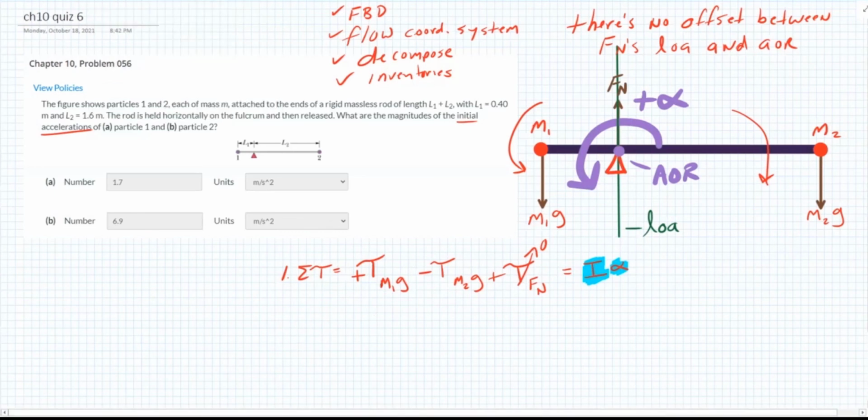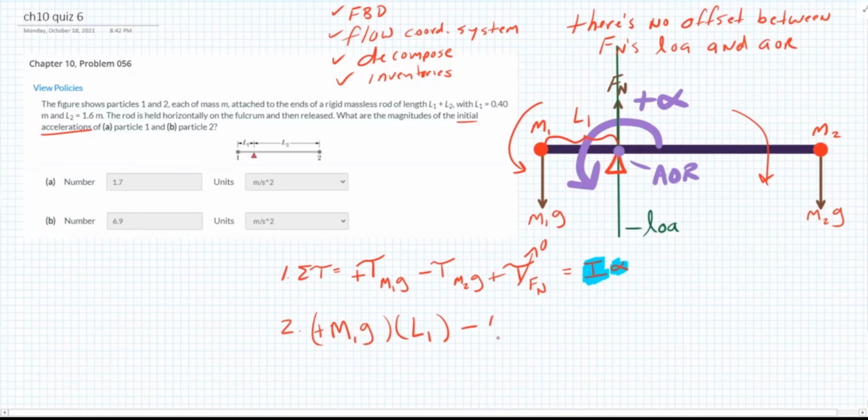is, all right, torque is force times torque arm. So for M1, it's positive M1G. That's the force. Here's the torque arm, right here, and they're saying that's L1. So there's the torque arm for that left side weight force, M1G, minus the torque produced by M2G.